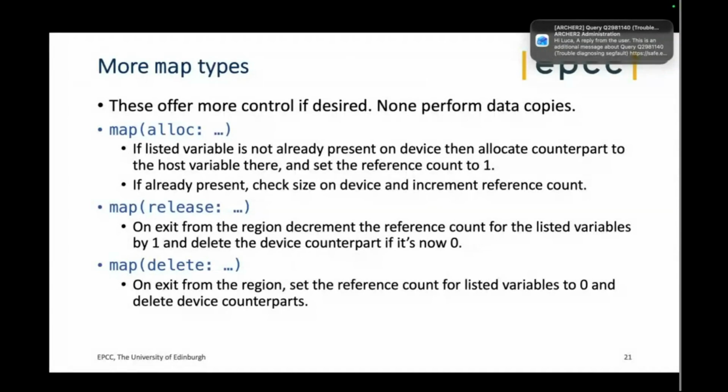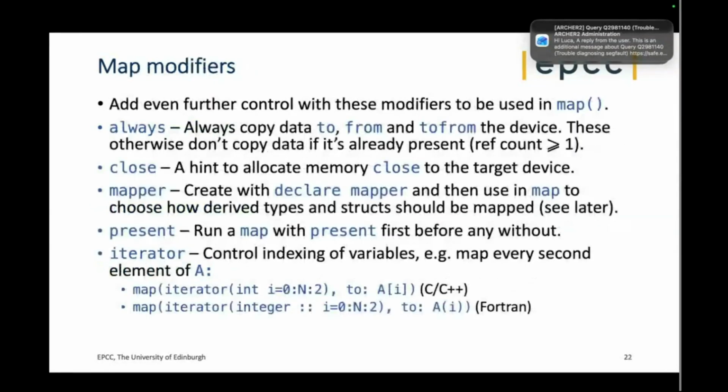Now, sometimes you want to tell it, okay, I don't care how many times I've mapped it, I no longer need the data, just delete it, remove it. So you can tell it by using delete. So this will essentially set the reference counter to 0, and then OpenMP will take care of deallocating all the data.